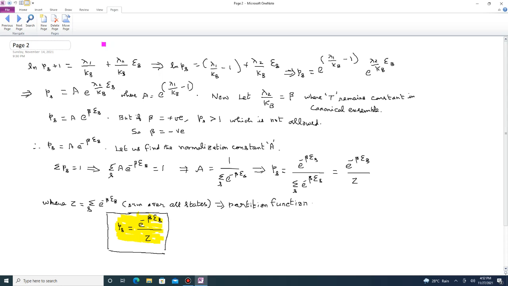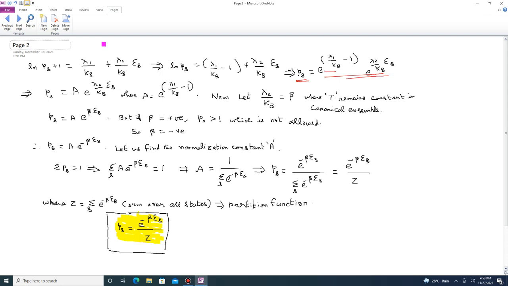From this you solve the expression for p_s. Once we solve, if you integrate log of p_s, you will get p_s. The expression for p_s is equal to e power lambda 1 divided by k_B minus 1, into e power lambda 2 by k_B times e_s. So you will get this expression.